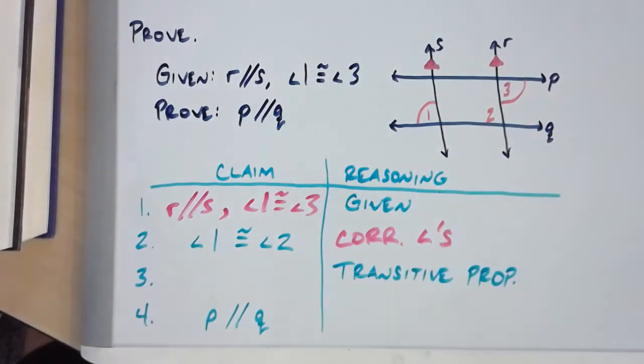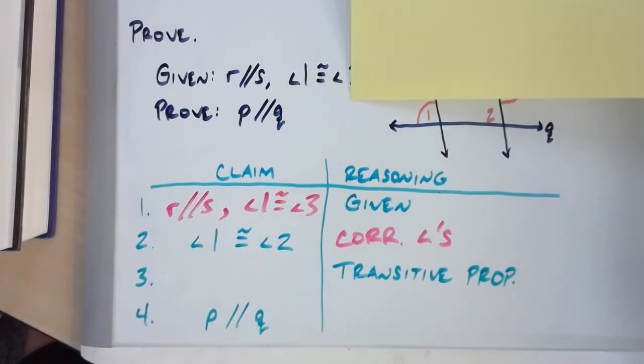Now, this can be confusing for people because there's a lot going on in this diagram, let's be honest. But if I were to cover up this line P, notice I have 2 parallel lines cut by a transversal. Line Q right there is my transversal, and R and S, which I've just covered up, are the 2 parallel lines that are going through Q. Because 1 and 2 are both top left angles, they are corresponding.